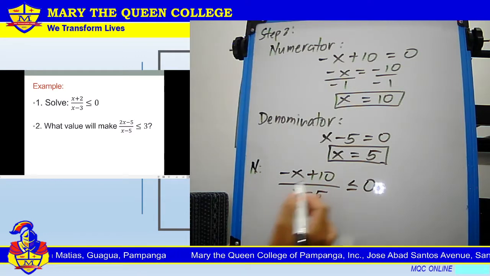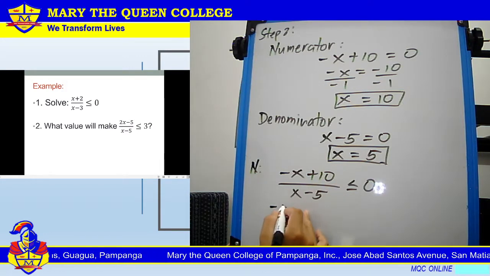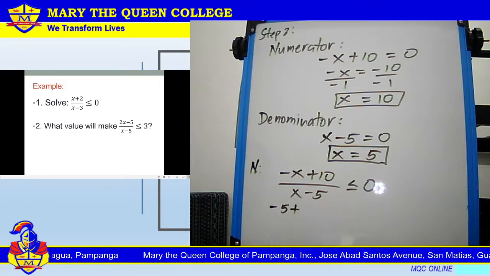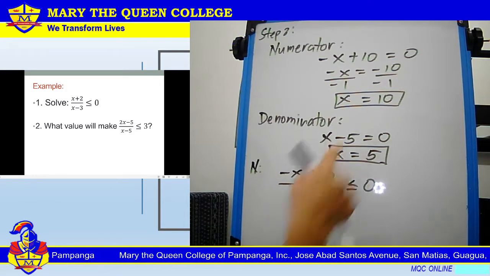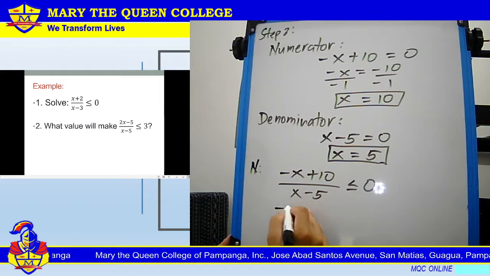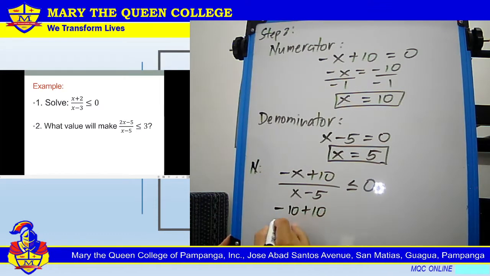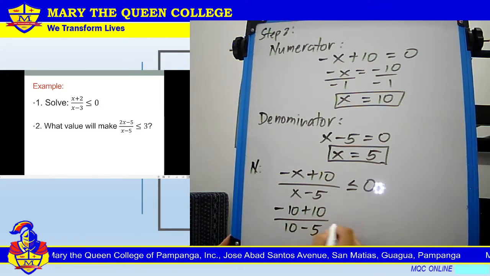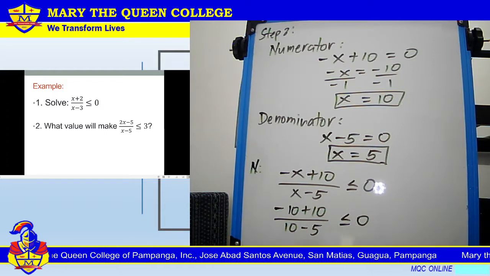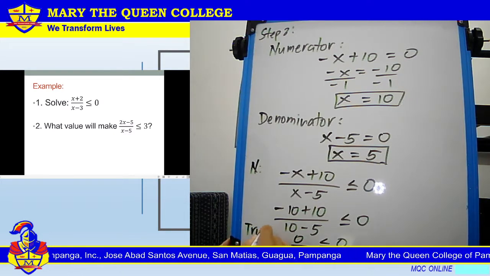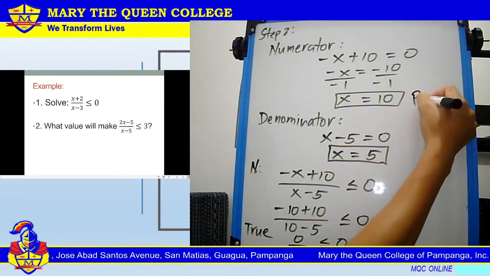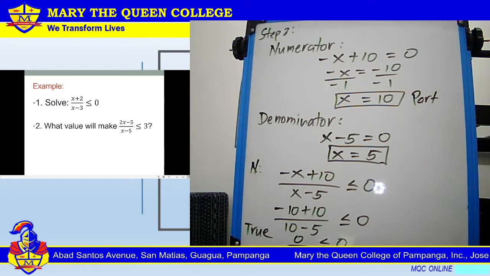So if we will use this one for our numerator, we have negative 10 plus 10 over 10 minus 5 is less than or equal to 0. So from here, we have 0 over 5 is less than or equal to 0. So this is a true statement. If this is a true statement, then 10 is part of the solution.